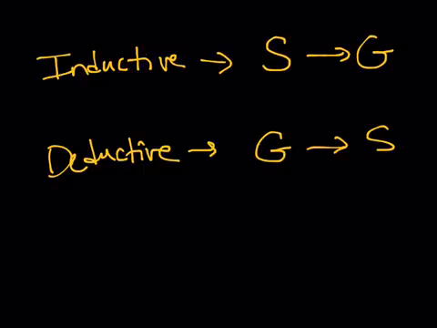Alright, so an example of inductive reasoning, let's say that every day you go to work and your boss is wearing a red shirt. Alright, so this happens for 3 months straight, and it's a little weird, but you start to get the impression that this boss just really likes red shirts, and so your prediction is that your boss will always be wearing a red shirt.